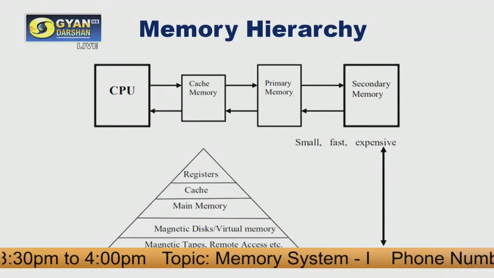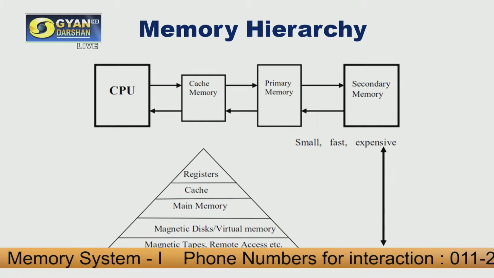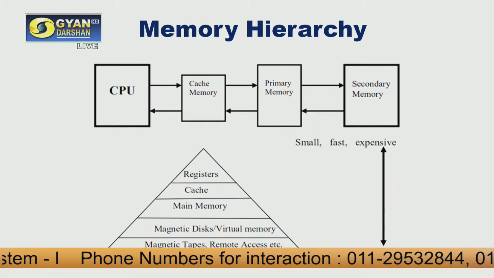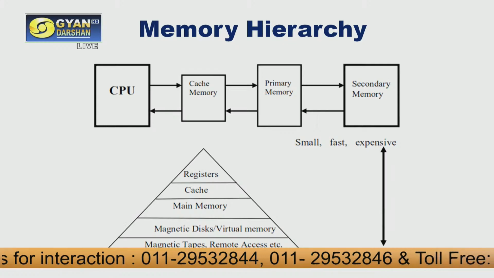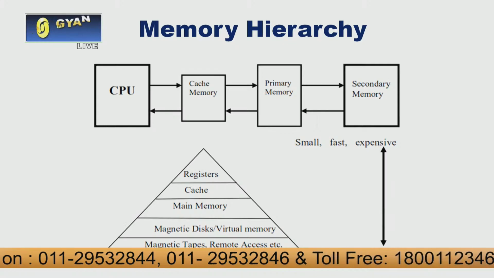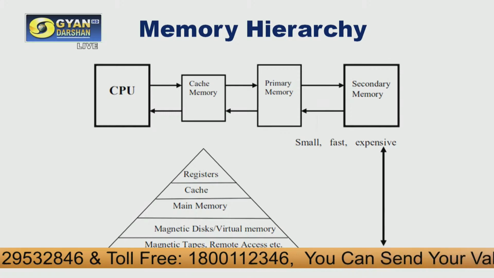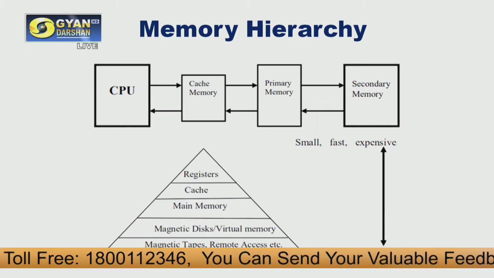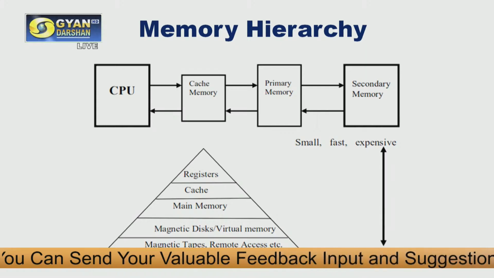Now, so far as the pyramid of the memory, because we have the hierarchy of the memory, there are parameters like access time, storage capacity and cost per bit of storage. The pyramid says that on the top we have registers, thereafter cache memory, then main memory, that is RAM, and after that magnetic disk, virtual memories, and magnetic tapes.